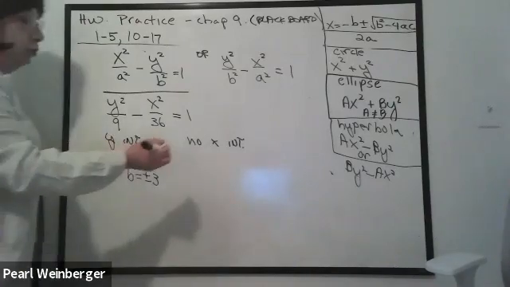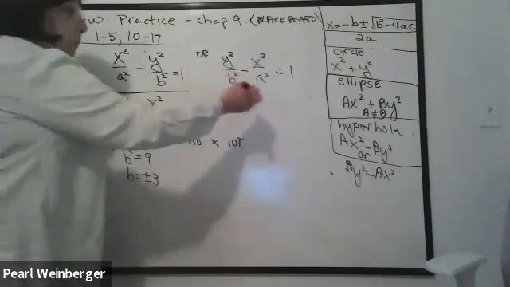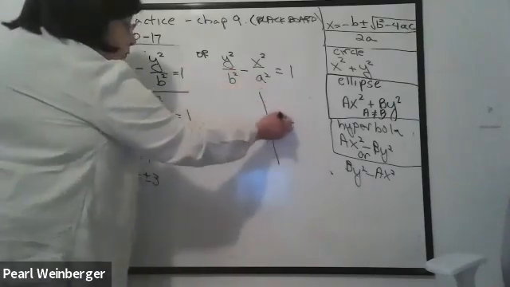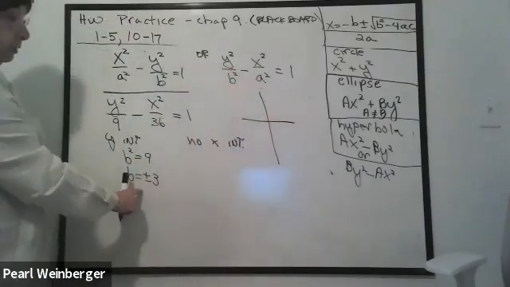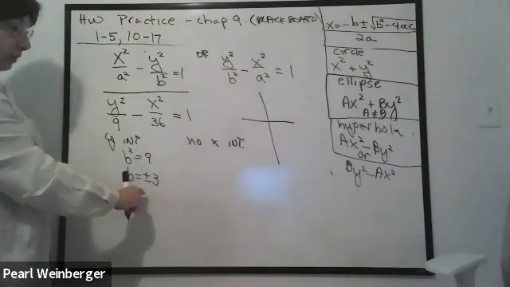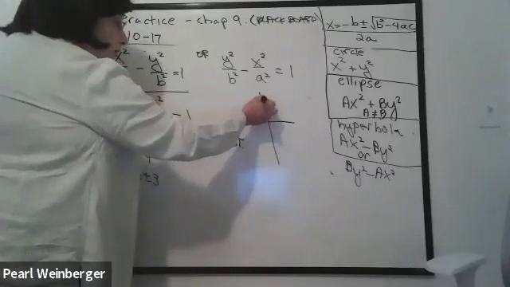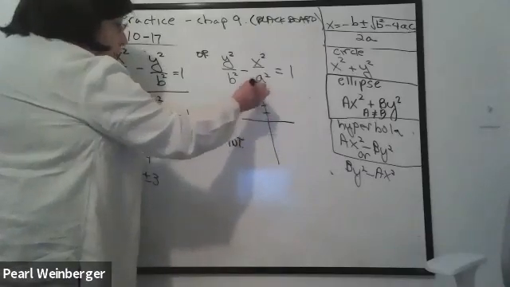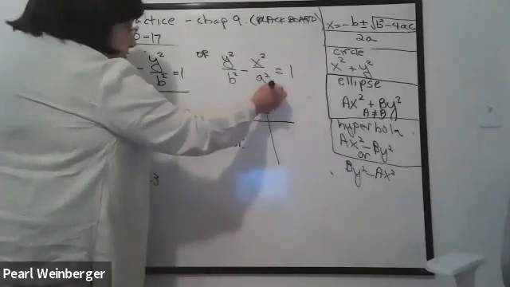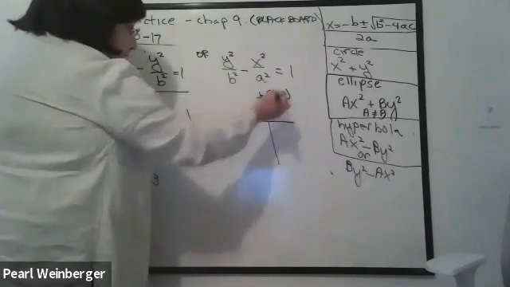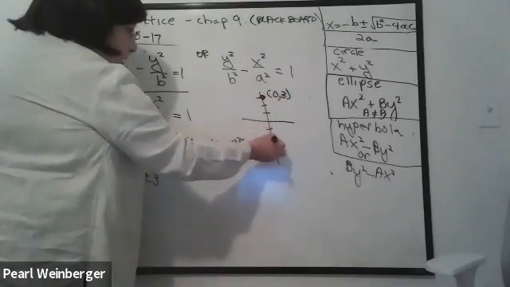We are only going to have y-intercepts and not x-intercepts. What are the y-intercepts? Well, one is positive 3. Also, you could call this 0, 3. And one is negative 3.